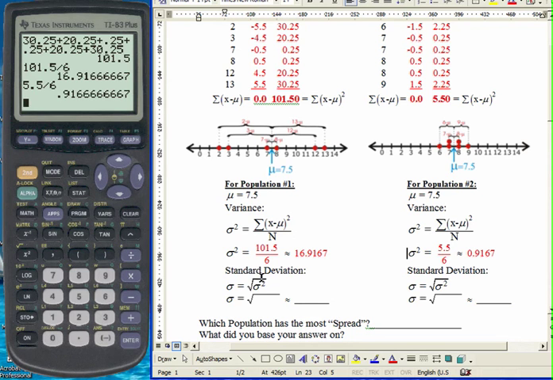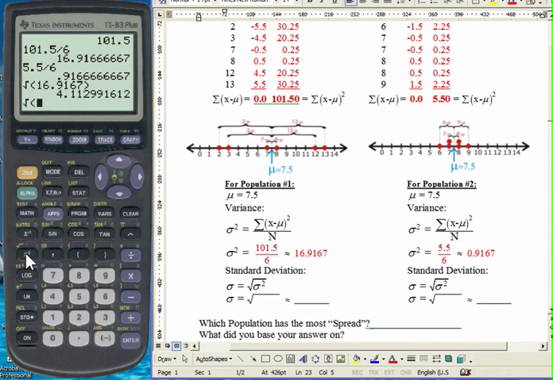So if I just take the square root of my variance, I'll get what I really wanted all along, the standard deviation. So on my calculator, I press the yellow second key, then the x squared key gets me the square root symbol, and I can put in my 16.9167, right parenthesis, and I see my standard deviation is 4.11 for population 1.